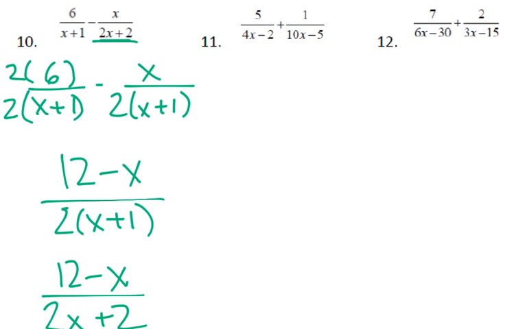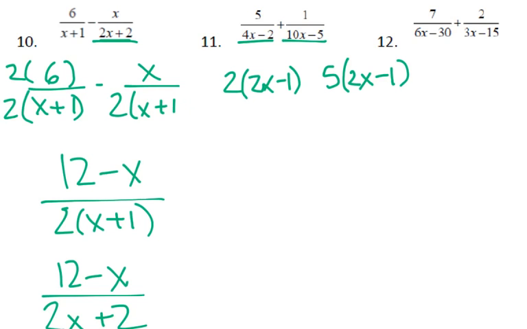Okay, with 11, same idea. Can I somehow easily make these the same? Not so much with these ones, can we? We can pull out a 5, we can pull out a 2, so I'd get 2 times 2x minus 1. Oh, is it the same? Pull out a 5, we get 5 times 2x minus 1. So to make those denominators the same, we're going to have to multiply.